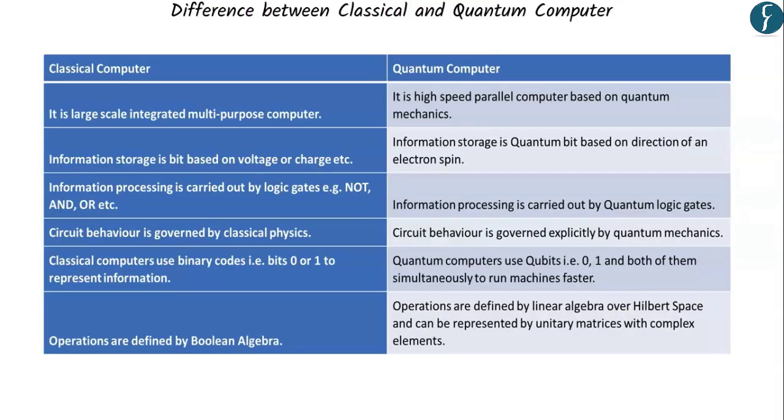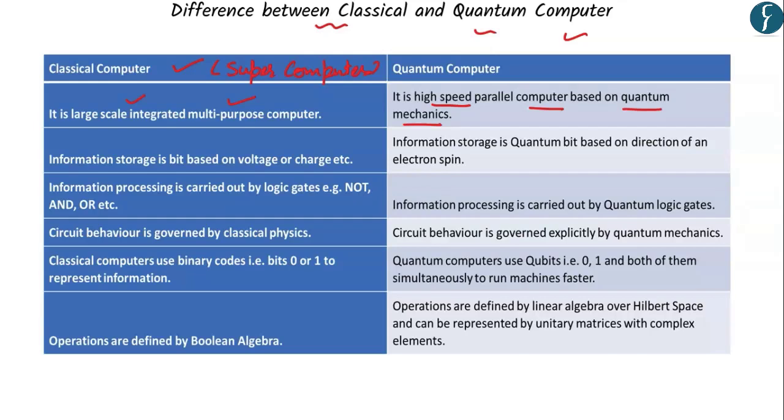Now, with this, we need to understand the difference between classical and quantum computers. A classical computer is a large-scale integrated multi-purpose computer. And when we're talking about classical computers, we are actually focusing on supercomputers that normally exist. A quantum computer is a high-speed parallel computer based on quantum mechanics.